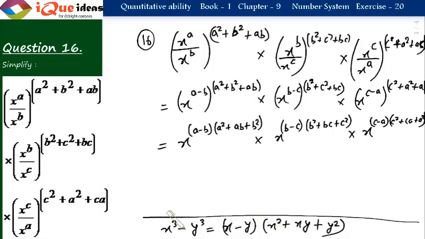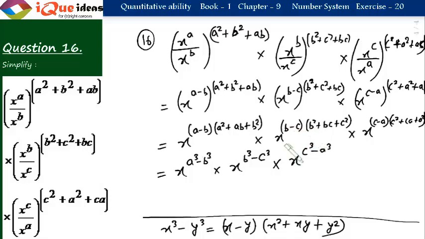So this question will have x to the power the first one is a minus b into a square plus ab plus b square. Hence it will be a cube minus b cube. The second one, it is b minus c into b square plus bc plus c square, so it will become b cube minus c cube. And the third one will be x raised to the power c cube minus a cube.